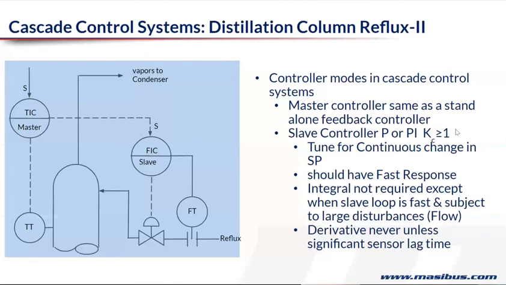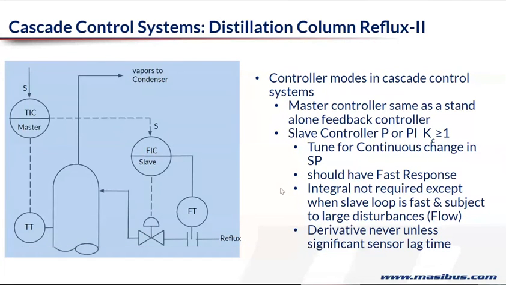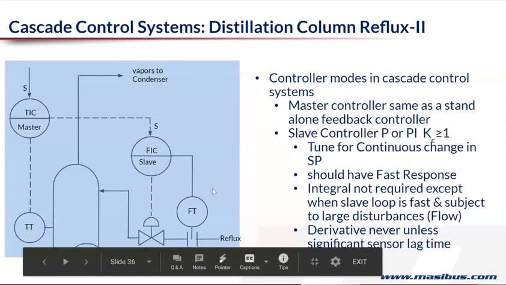So you tune for that change in set point formula, not the input disturbance formula, because here the set point is changing all the time. And make sure that the loop response time also is very fast. Flow we know is fast, but what if your actuator is slow, right? So you have to use an actuator which is equally fast.